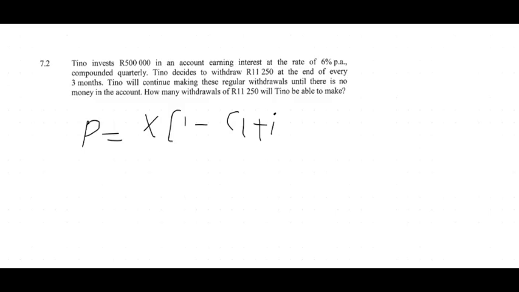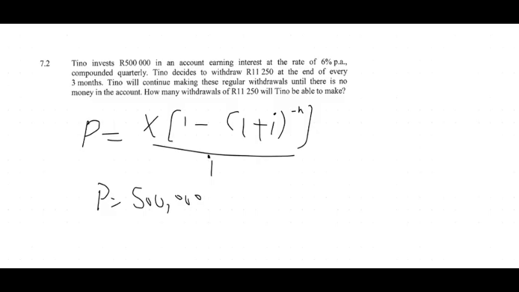Alright, so identify the variables. The principal P is 500,000, and the withdrawal X is Rs 11,250.